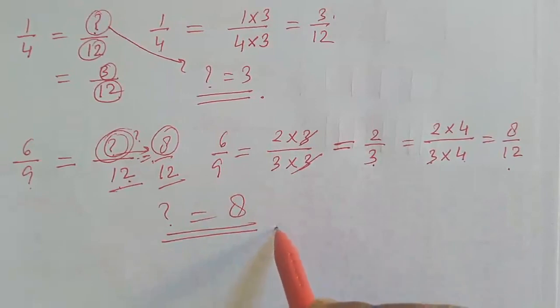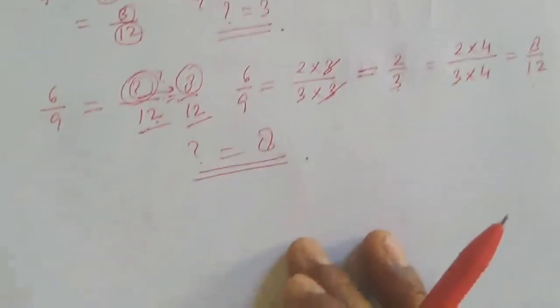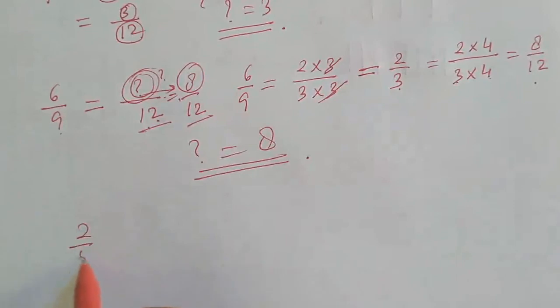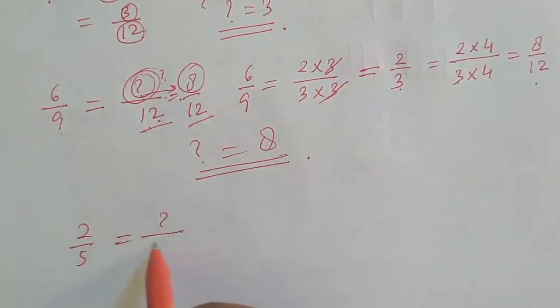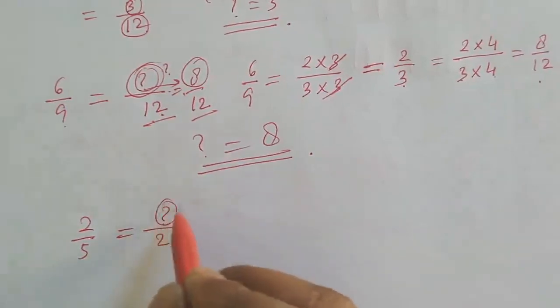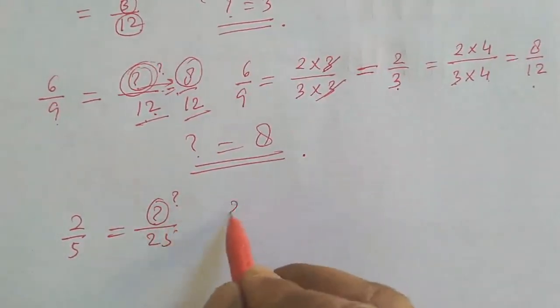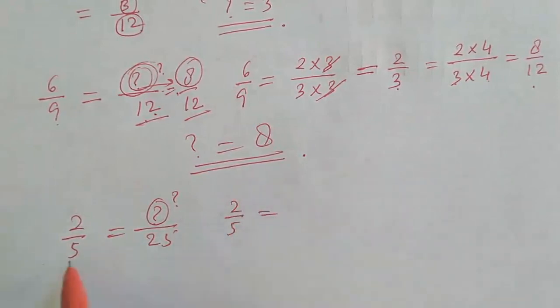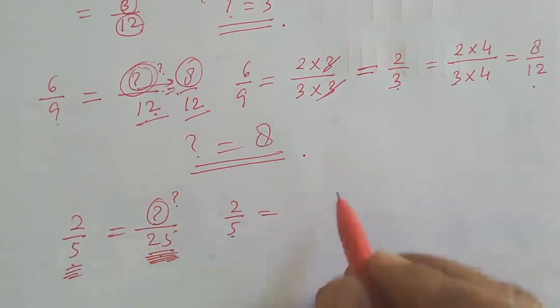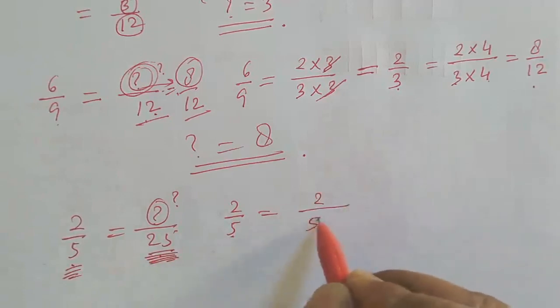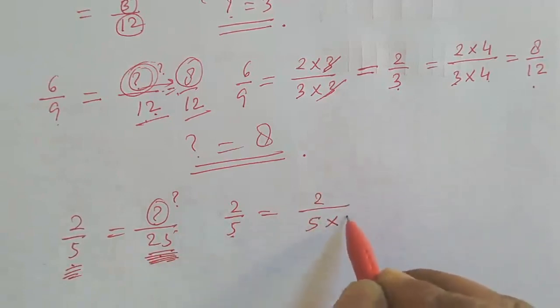One more example. 2 by 5 equal to unknown upon 25. Now you have to find what is this unknown. See, we have to write this number in such a manner that the denominator becomes the same. I mean, we can see 25 here, so convert this 5 into 25. Now how do we convert 5 into 25?